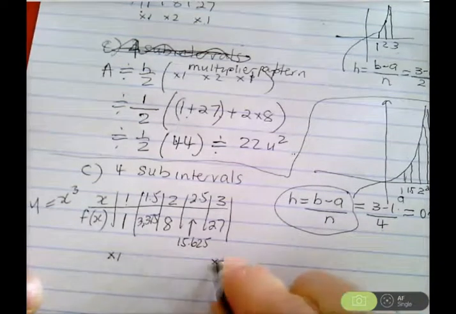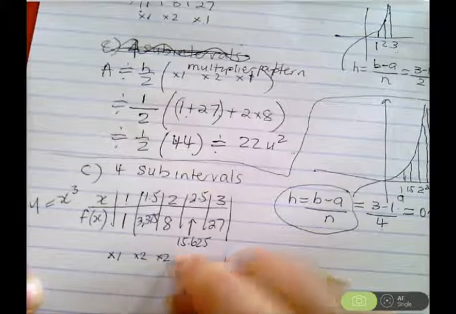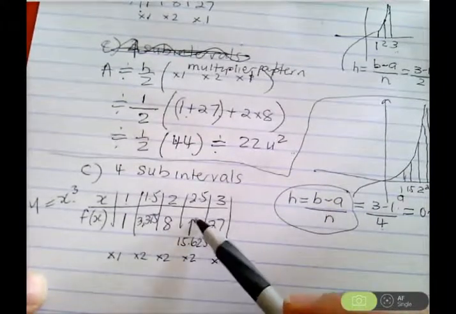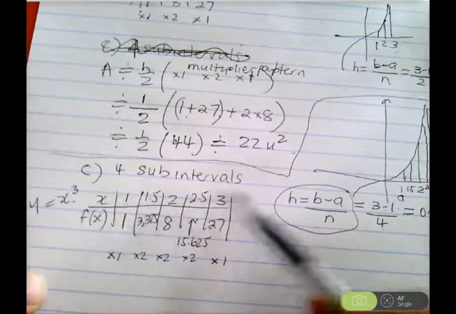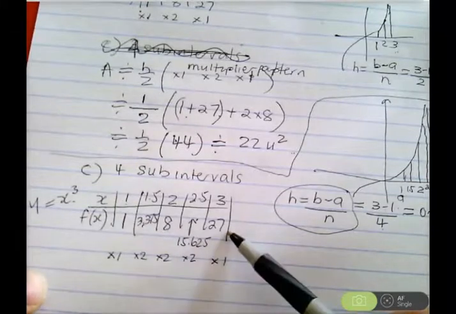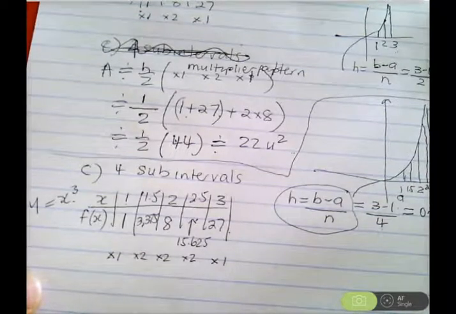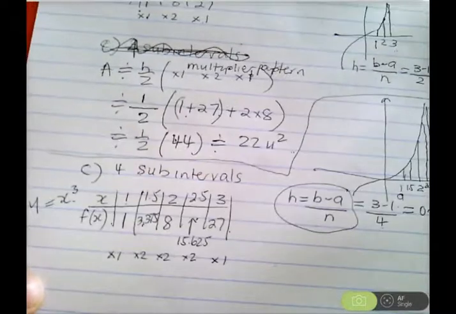Times 1 for the ends and 2 for all the middles. So you draw up your table, you put your x values, you put your function of x values underneath, and you write your multiplier pattern underneath: 1, 2, 2, 2, as many 2's as you need, as long as you've got a 1 on either end.